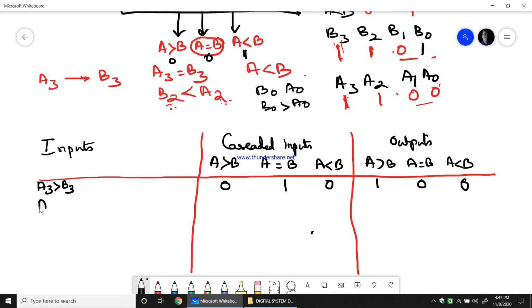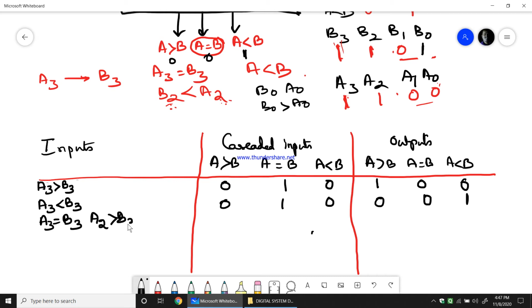Now if A3 is less than B3, it doesn't compare A2, A1, A0 with B2, B1, B0. Provided cascaded A equals B is 1, it will directly say A less than B is high. Now when A3 equals B3, it goes on to compare A2 and B2.